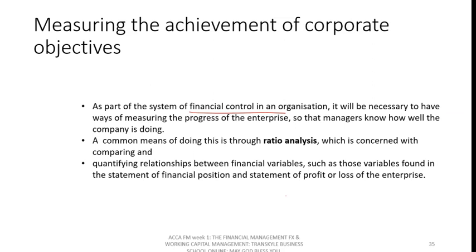A common means of doing this is through ratio analysis, which is concerned with comparing and quantifying relationships between financial variables such as those found in the statement of financial position and statement of profit or loss of an enterprise.